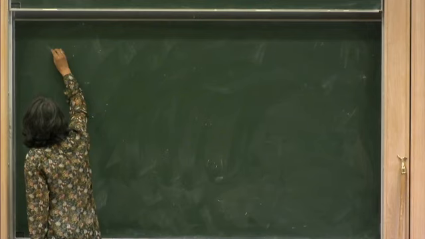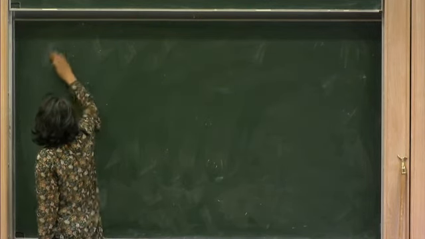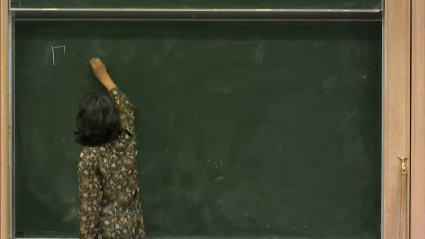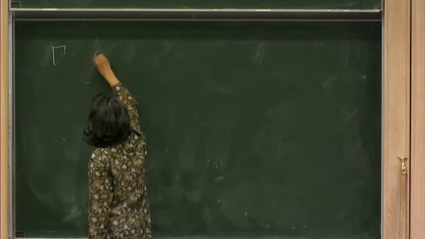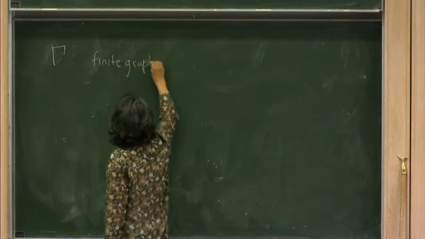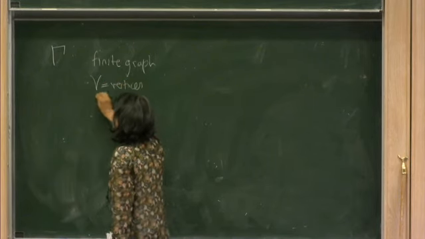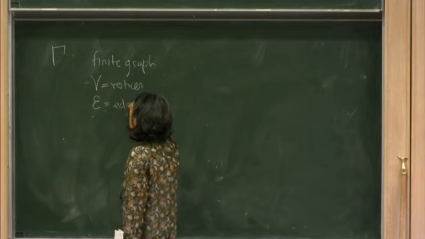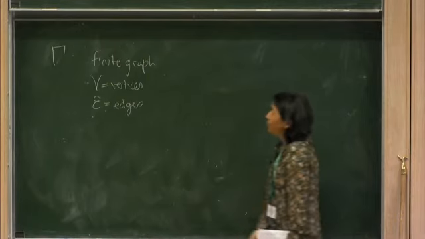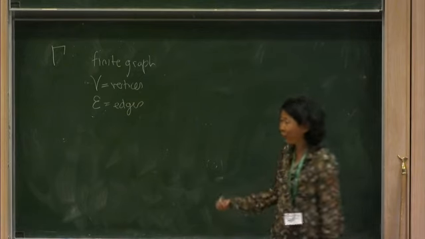Okay, so what's a graph map? First, let me just say what I mean by a graph. It's a finite graph, so it has a finite set of vertices and edges. You can also think of this as a one complex, so it's a topological space.